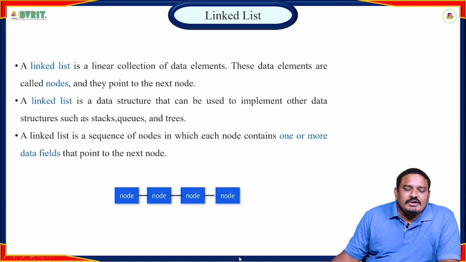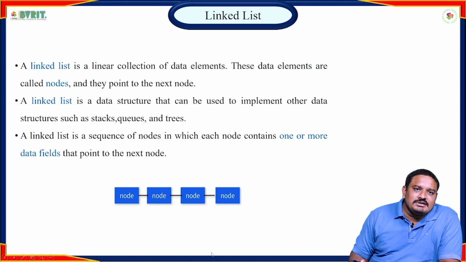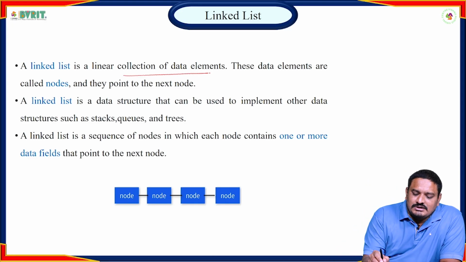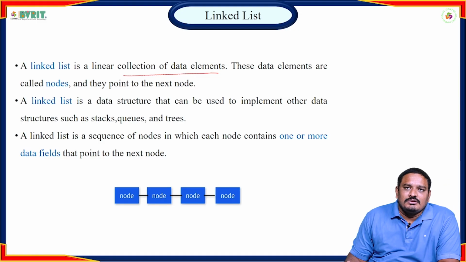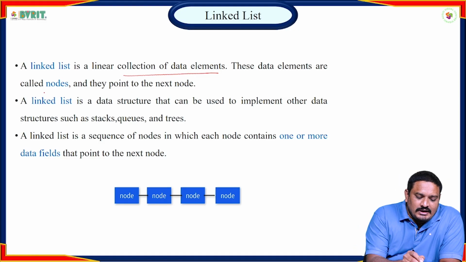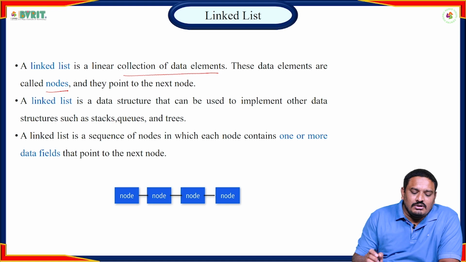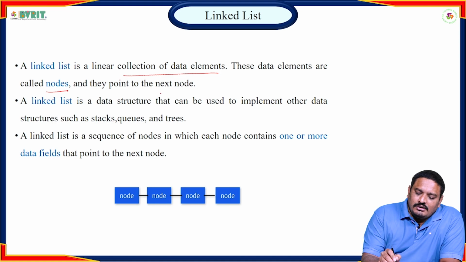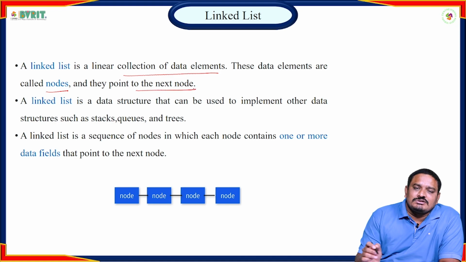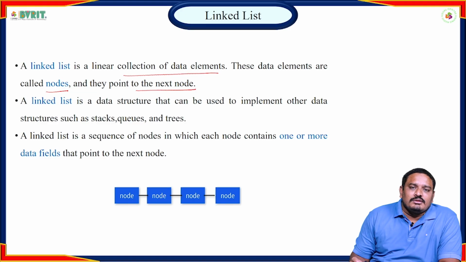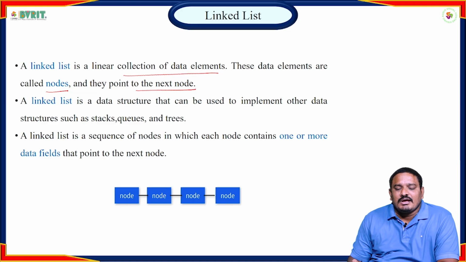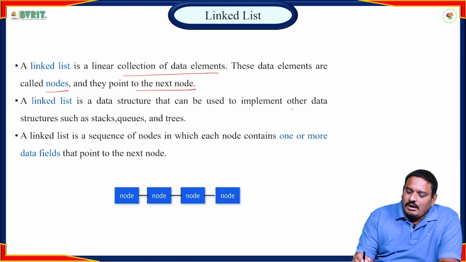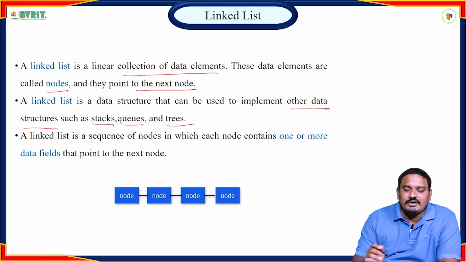What is the definition of the linked list? The linked list is a linear collection of data elements. These elements are called nodes, and each node points to the next node. The linked list is a data structure that can be used to implement other data structures like stacks, queues and trees.